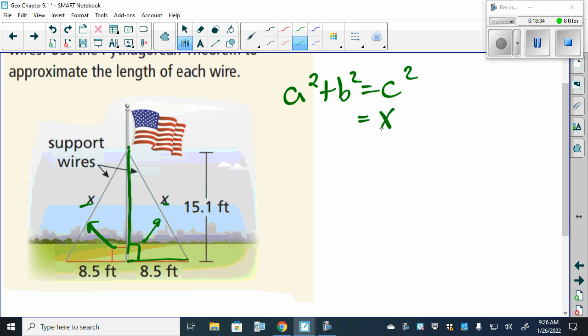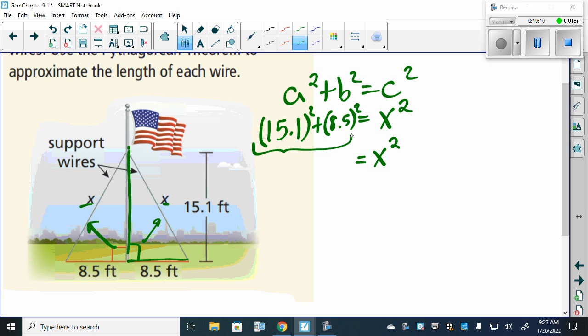So C is going to be our x, and A and B are going to be 8.5 and, well, nicely enough, 15.1 and 8.5 are both on the same side of the equation. Yes? So we could actually type into the calculator 15.1 squared plus 8.5 squared and hit enter.